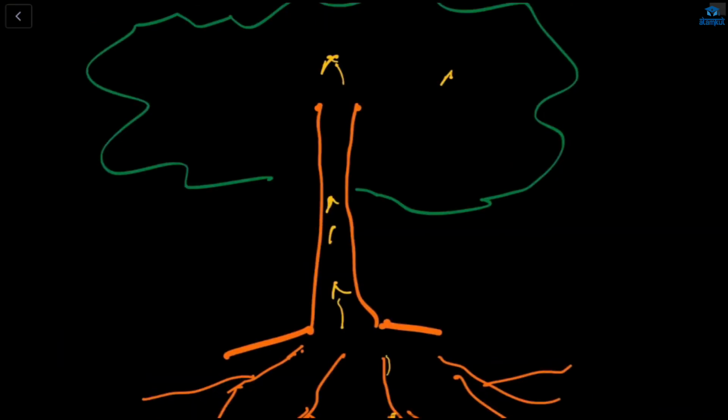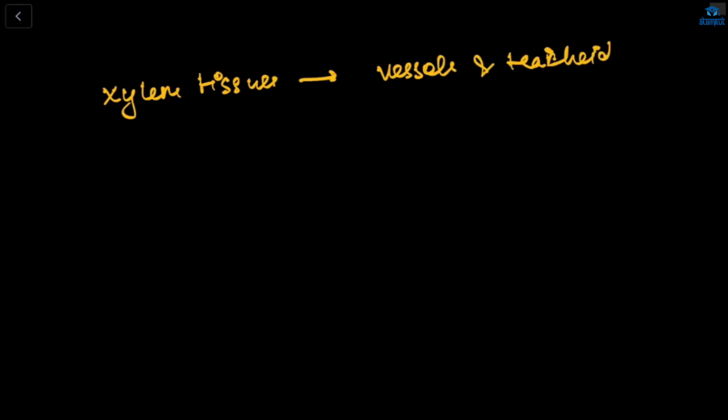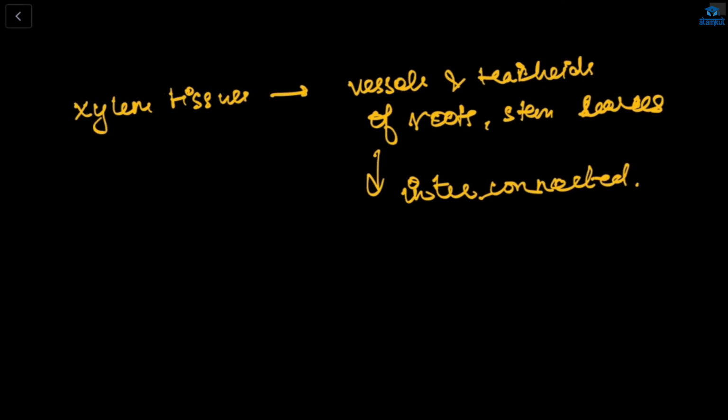One more thing is the xylem tissues, right? We have vessels and tracheids of roots, stem, and leaves. They are interconnected.